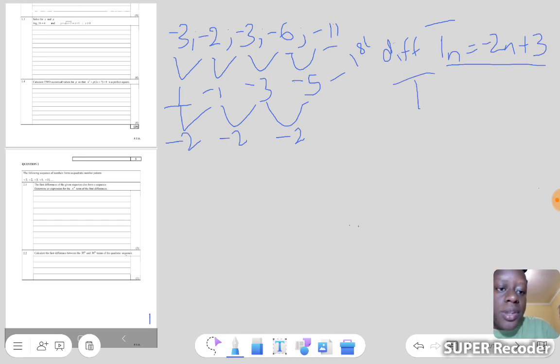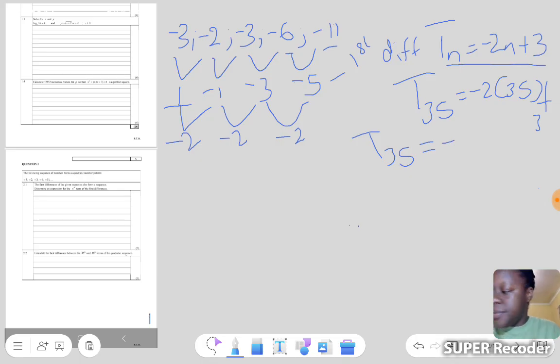We will use 35: negative 2 into 35, then plus 3. So our T35 will be equal to negative 67.